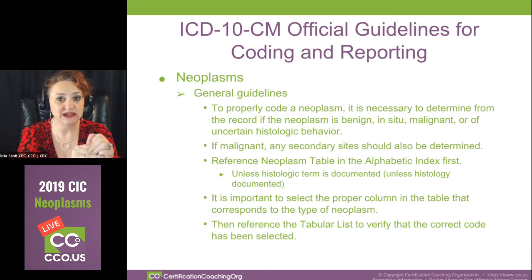Malignant ultimately just means we have abnormal cells that either don't want to die when they're supposed to, or they're growing too rapidly, just like benign and cancer in situ. However, malignant means it's invasive. It wants to spread.